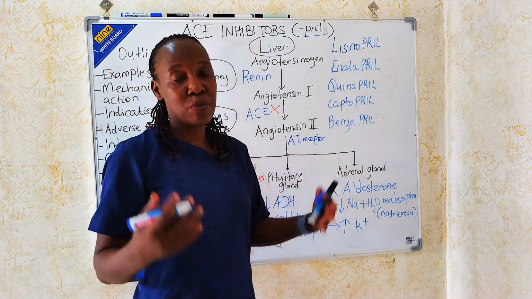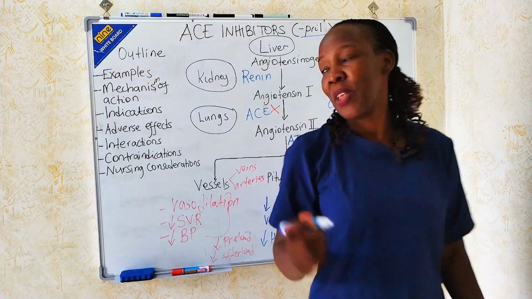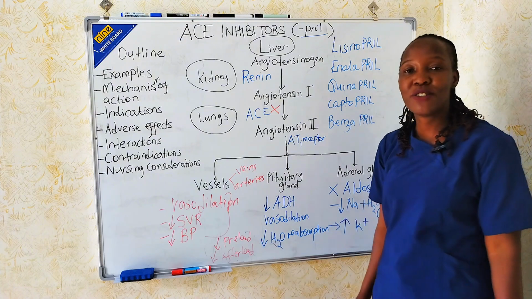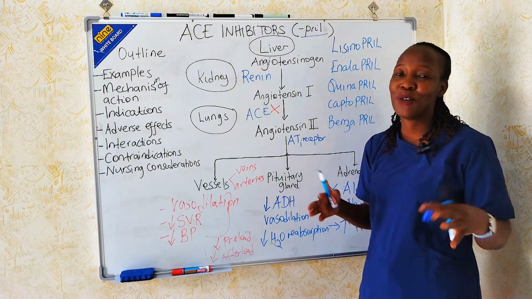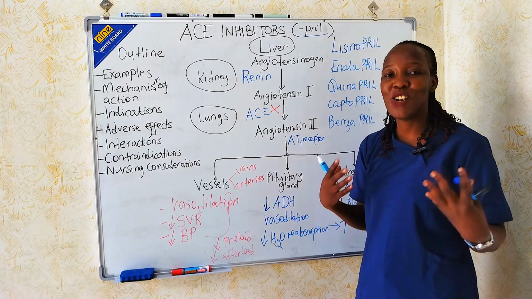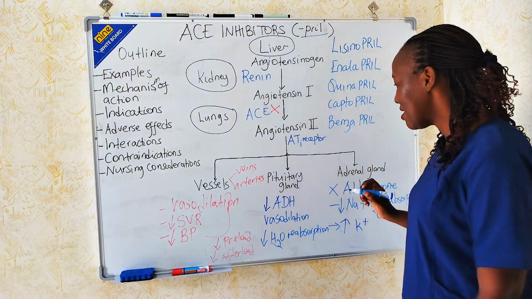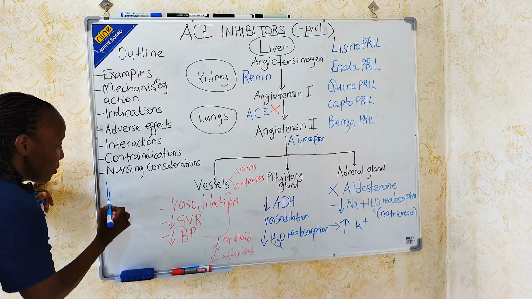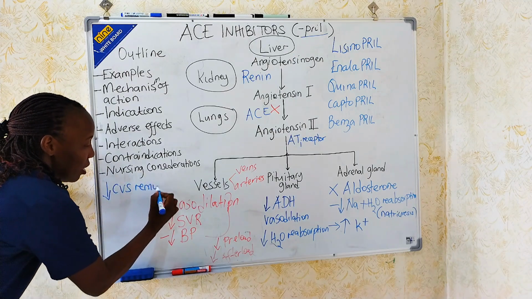So the blood volume really gets depressed, and that is very beneficial. If the blood volume is low, again, it translates to a reduced preload. The amount of blood going back to the heart will be low, so we are not going to put the heart under a lot of work, and that can, in essence, slow down CVS remodeling.